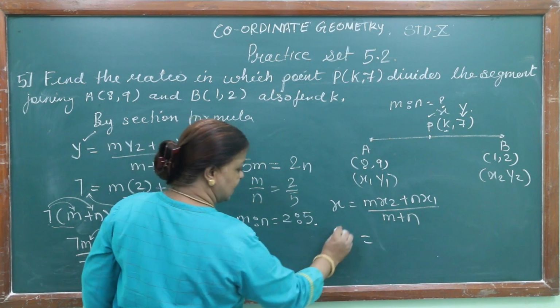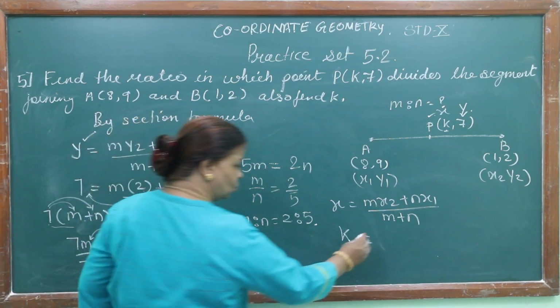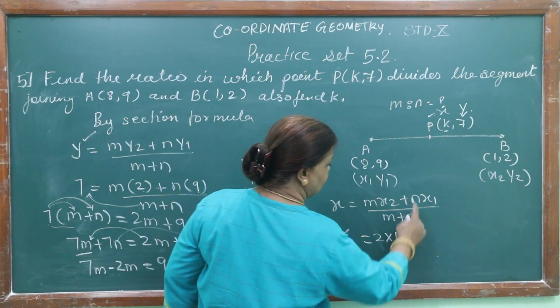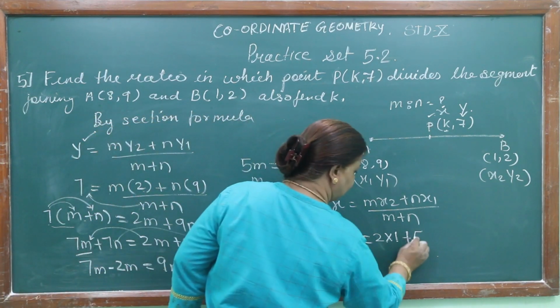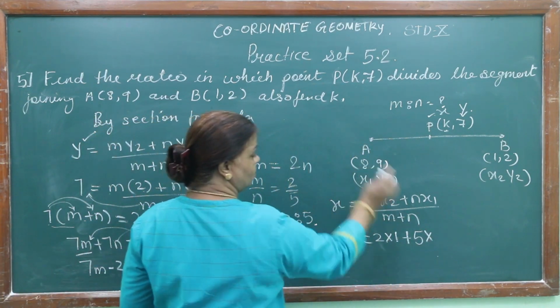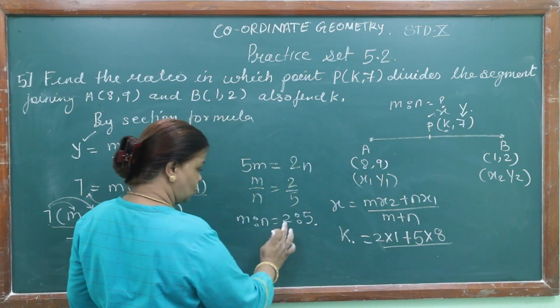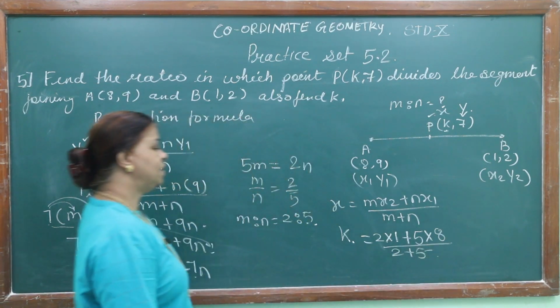The x value is K, the m value is 2 into x2. x2 is 1, plus n. n is how much, children? 5. 5 into x1. x1 is how much? 8, upon m plus n, that is 2 plus 5, that would be 7.